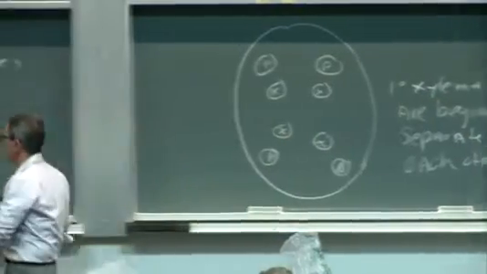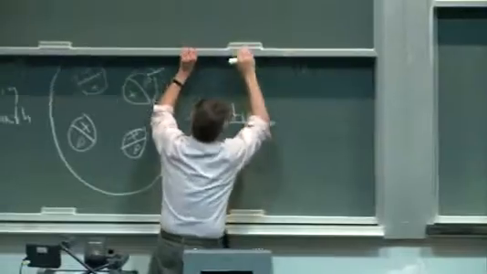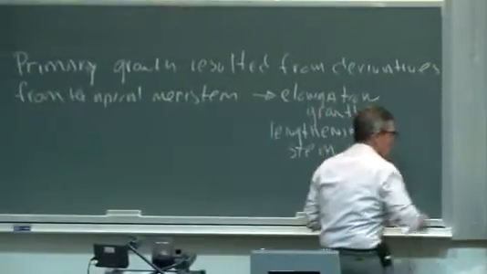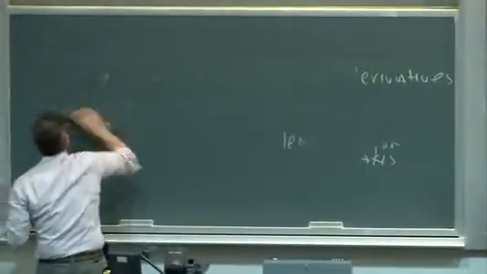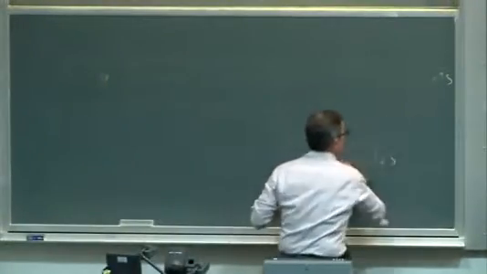Now, why is this separation occurring? What is going on to cause the primary xylem and primary phloem to move apart from each other?